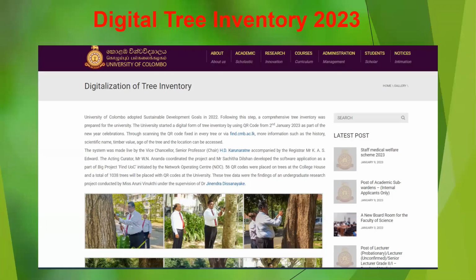And then as Madam mentioned, the digitalization of the tree inventory project was launched at the dawn of this new year.